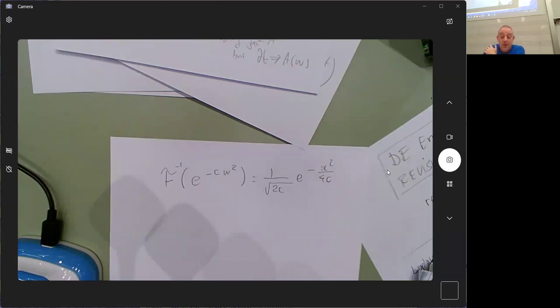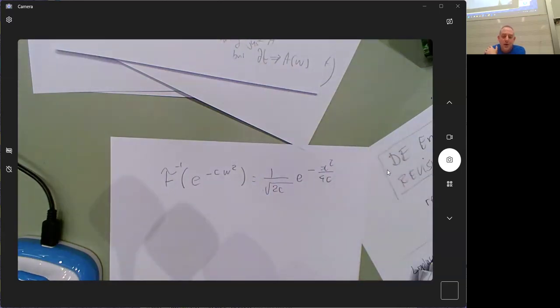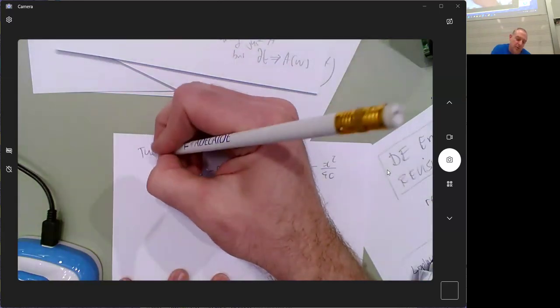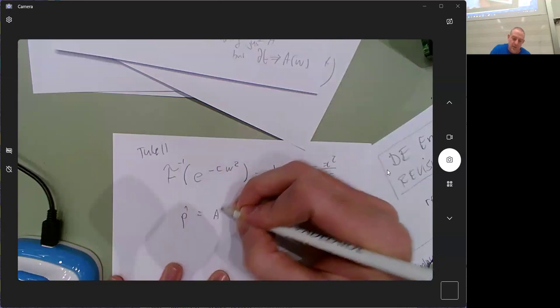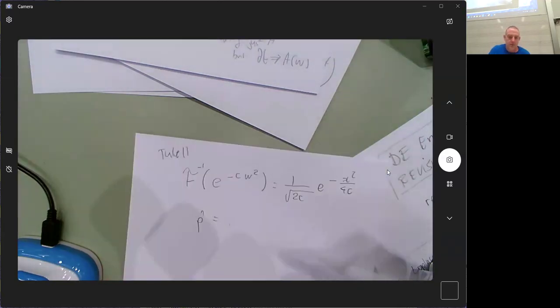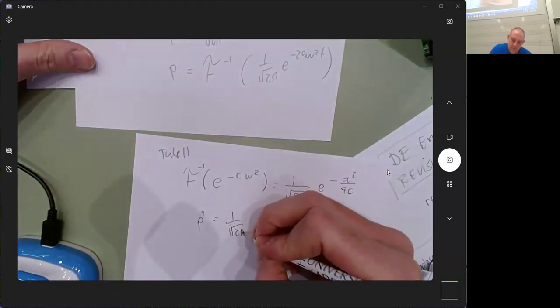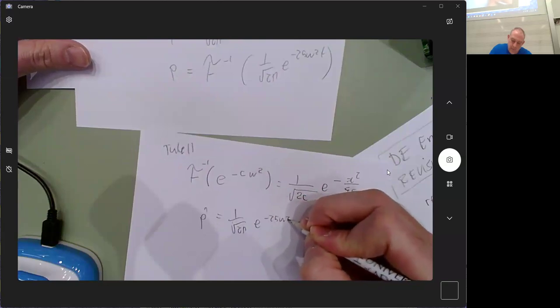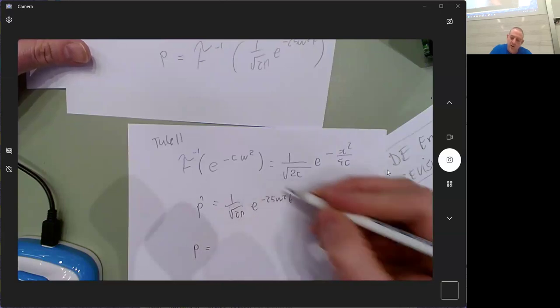So if you're in an exam and they're going to get you to use that, they'll just tell you, I reckon. They'll say, hint, the inverse transform of this thing is this. And you go, okay, cool. And so therefore, if p hat is 1 on root 2 pi times that, then P must be the inverse transform of this.